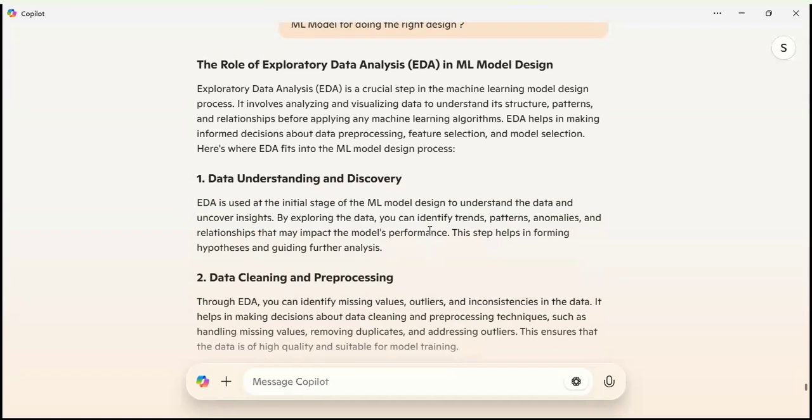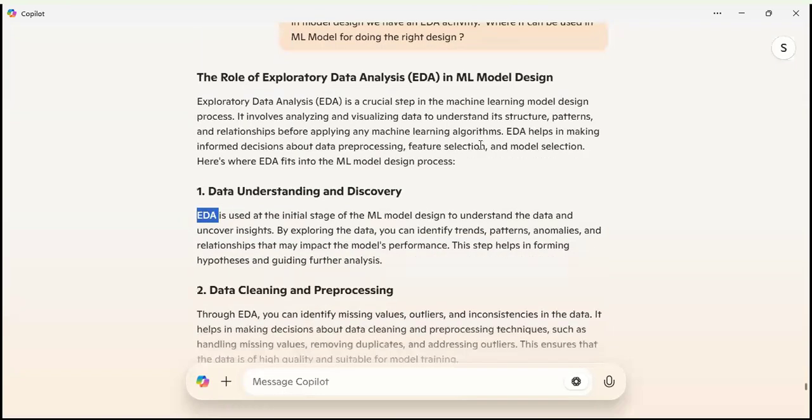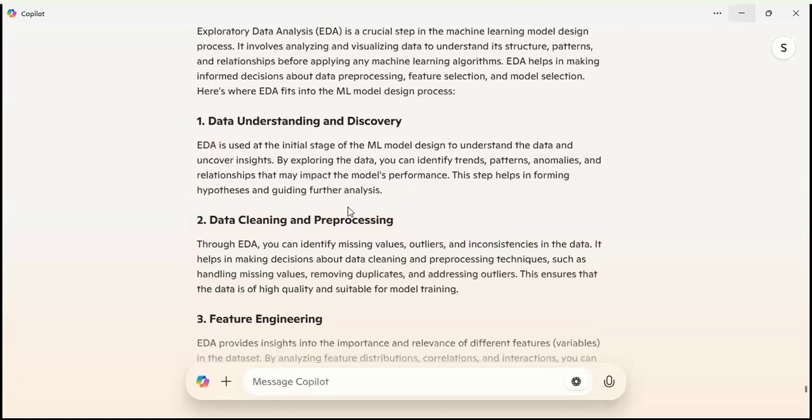You can identify trends, patterns, anomalies, and relationships that may impact the model's performance. This step helps in forming hypotheses and guiding further analysis. It means data understanding and discovery is also related to EDA, exploratory data analysis, because it comes under data analysis.